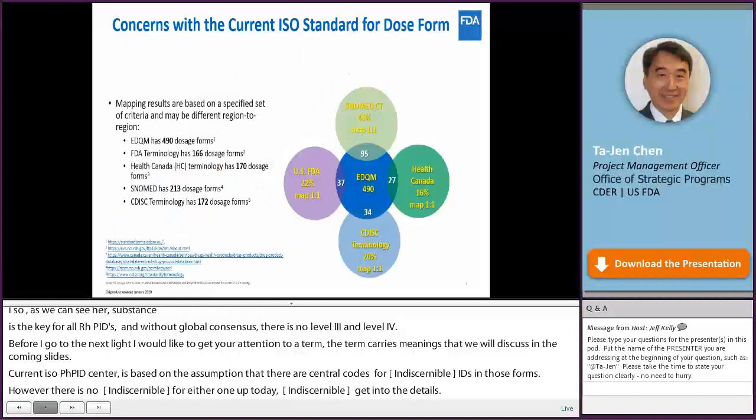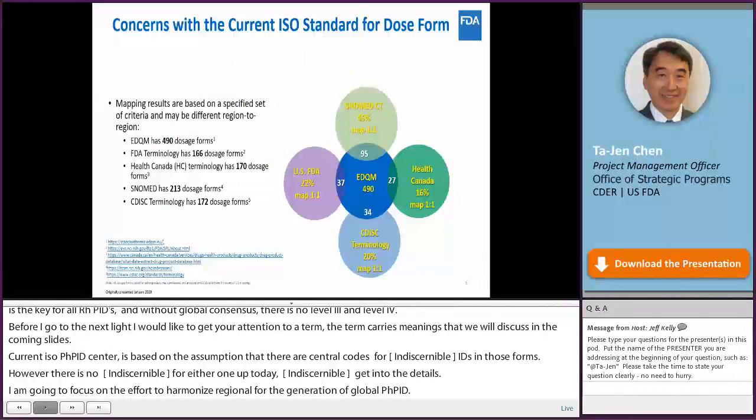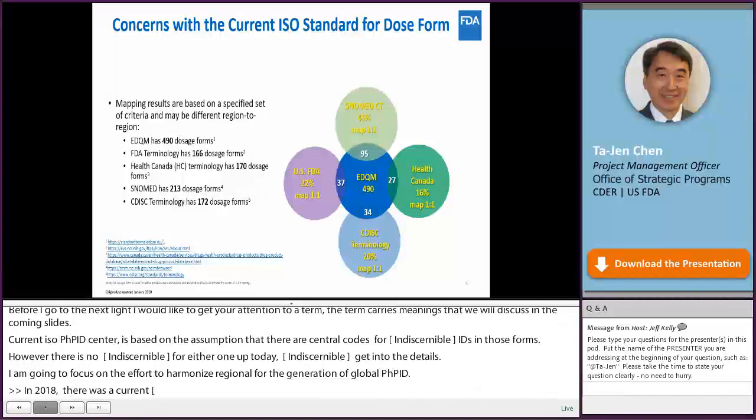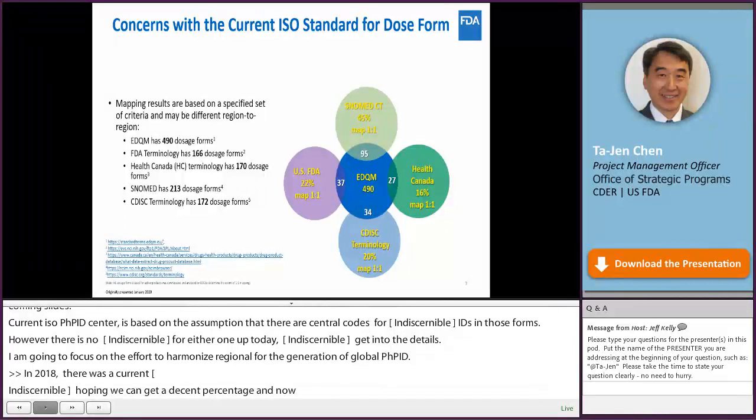In 2018, we mapped the 166 FDA dose form terms to the 490 EDQM terms, which is used in Europe, hoping that we can get some decent percentage of mapping. But it turned out that we can only map 37 terms 1-to-1, and that does not even factor in the definition. If we include definition, the number is going to be even lower.